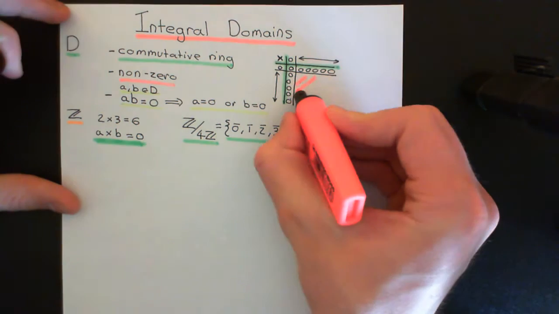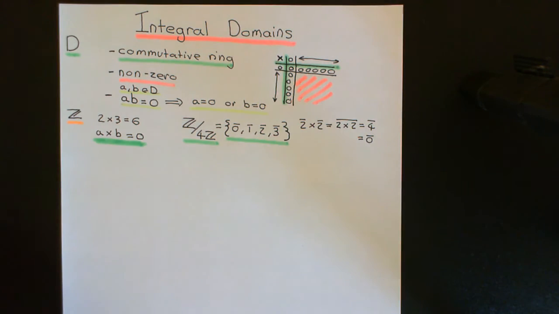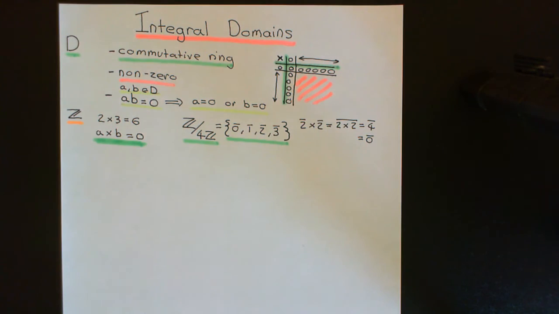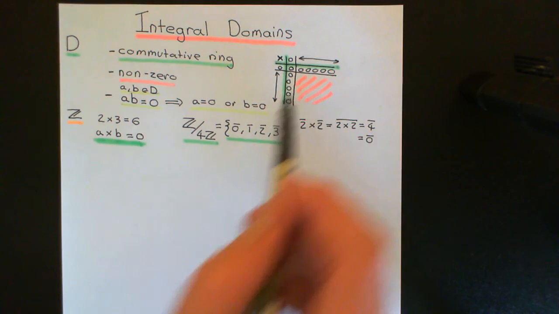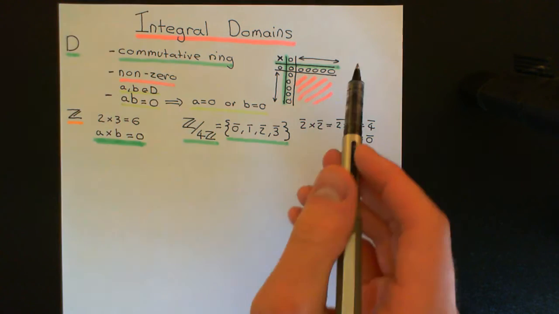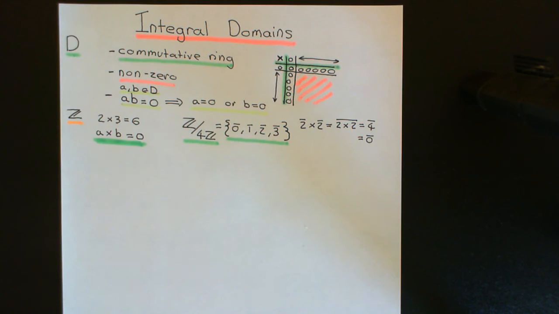So all of these entries in this box are all going to be non-zero, so those are going to be the only places in the multiplication table of an integral domain where you're going to have zeros appearing. All of these entries over here are not going to be zeros, they're going to be other elements of the integral domain. Whereas that's not going to necessarily be true in a more general ring such as this one here.